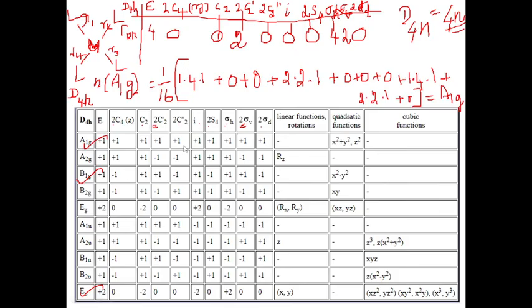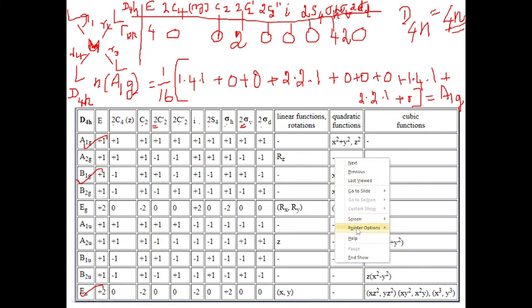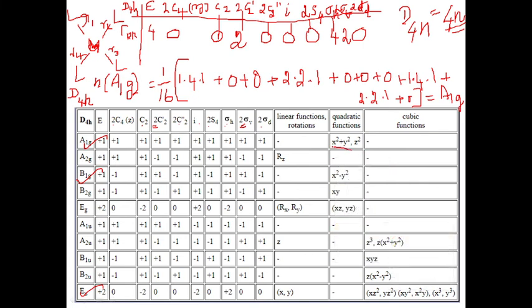Now I have to see the symmetry of these terms. Now A1g contains what? x squared, y squared and z squared. So this is equal to s orbital, or it can be compared to a d orbital. So s or d.